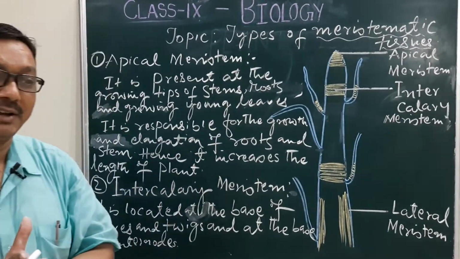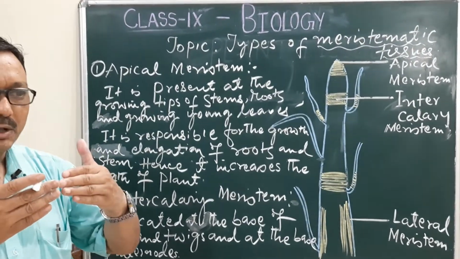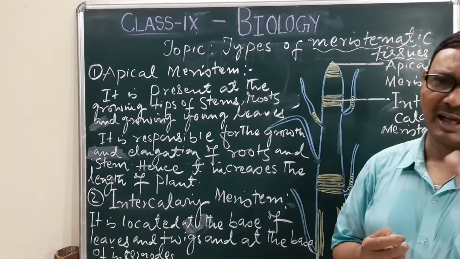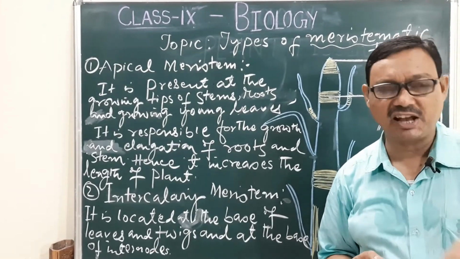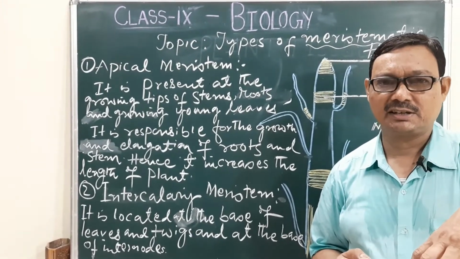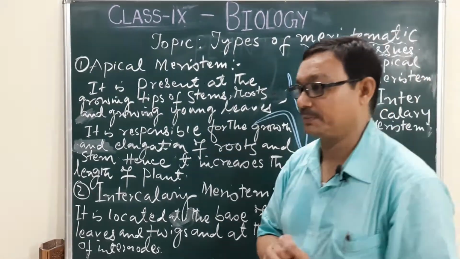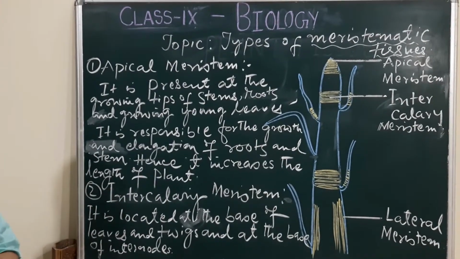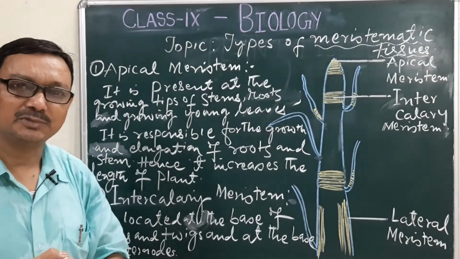The cell will divide to increase the number of cells. When there is an increment in the number of cells, what will happen? The shape, the volume, the size of the organism will be increased.